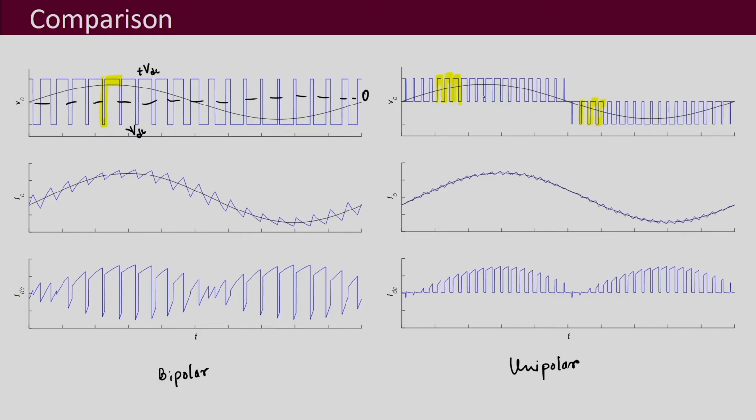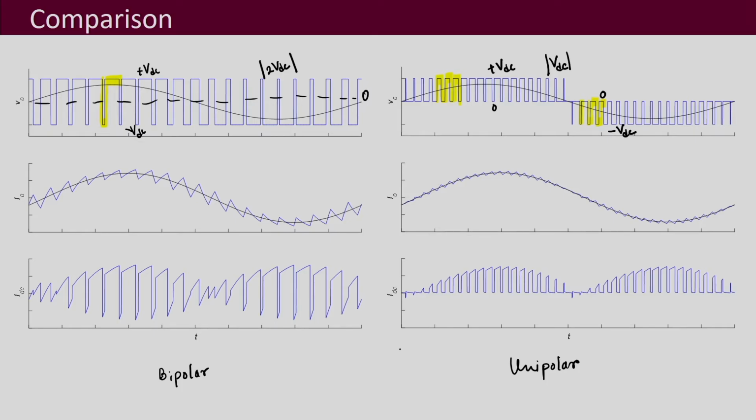So, the transition that takes place in bipolar PWM is 2 VDC every time, whereas in unipolar PWM the transition every time is equal to mod of VDC.